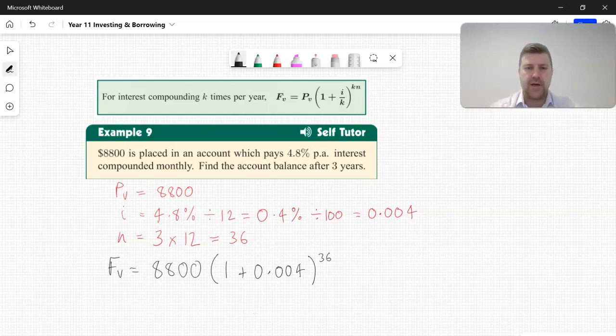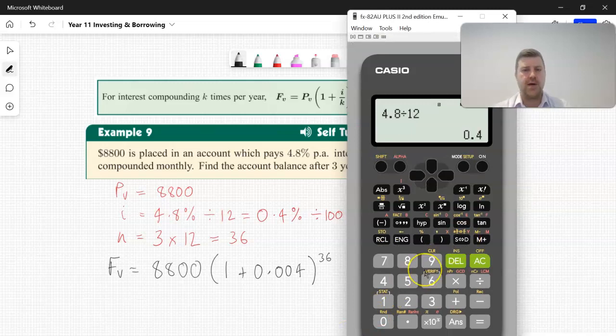Again, just put that straight into your calculator. So 8,800 times by 1 plus 0.004, all to the power of 36.